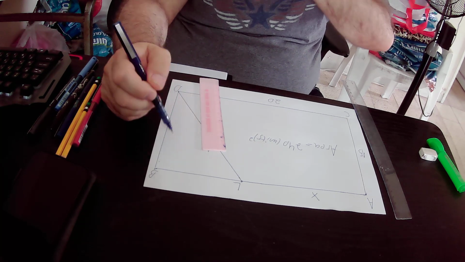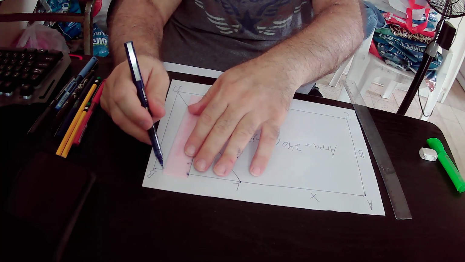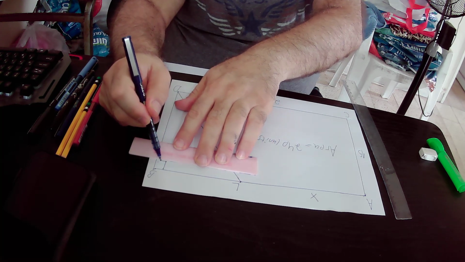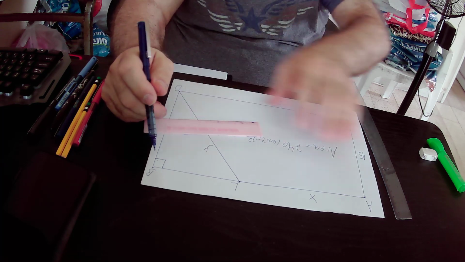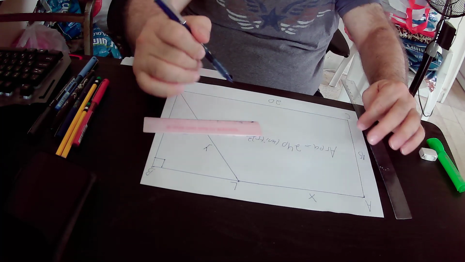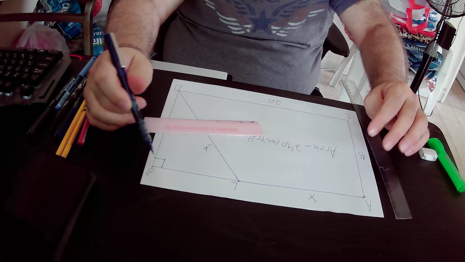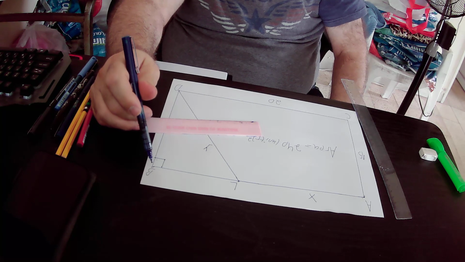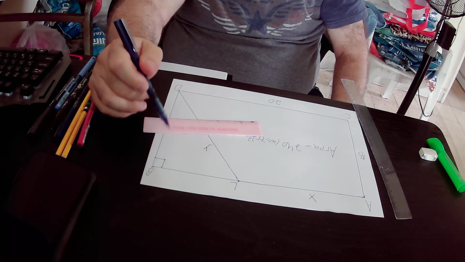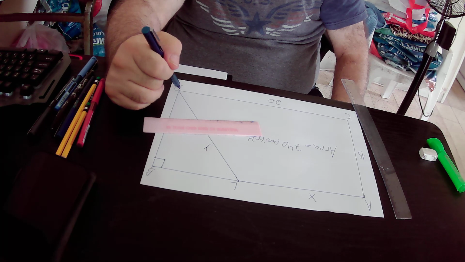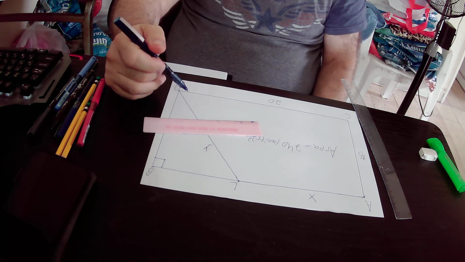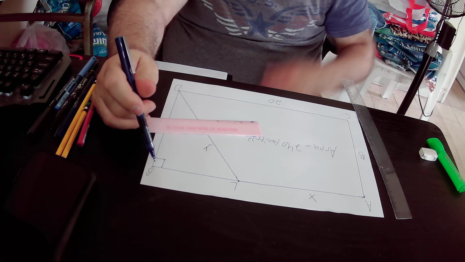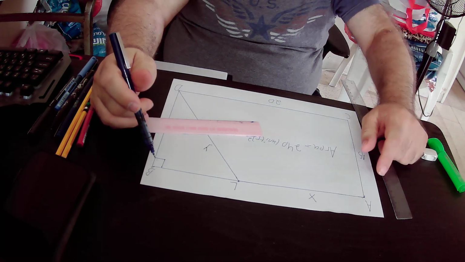Angle LBD will be equal to 90 degrees because AL is parallel to CD, so the perpendicular that we lowered to CD is also perpendicular to AB.